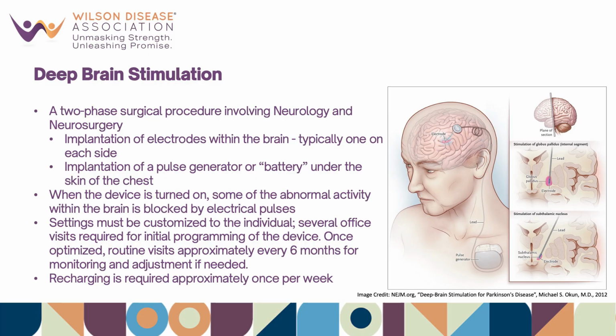Essentially the electrical pulses from DBS block some of the abnormal signaling within the brain. And for dystonia, the DBS electrodes go within the basal ganglia, those structures that I mentioned before that are really key to movement disorders.